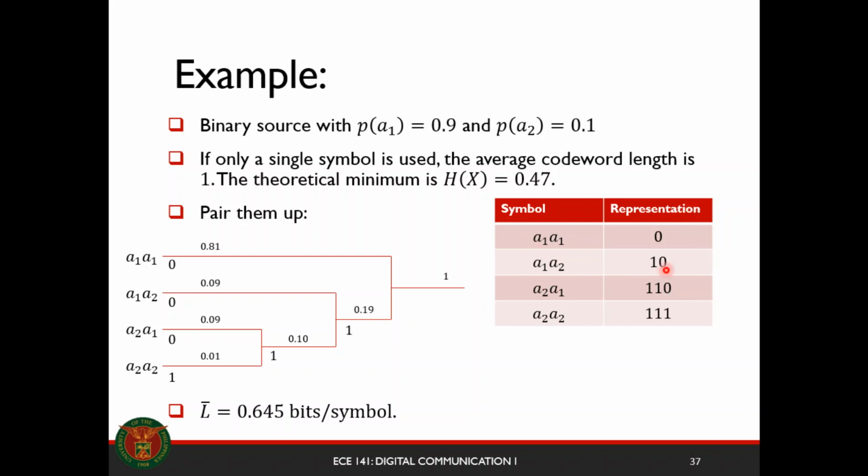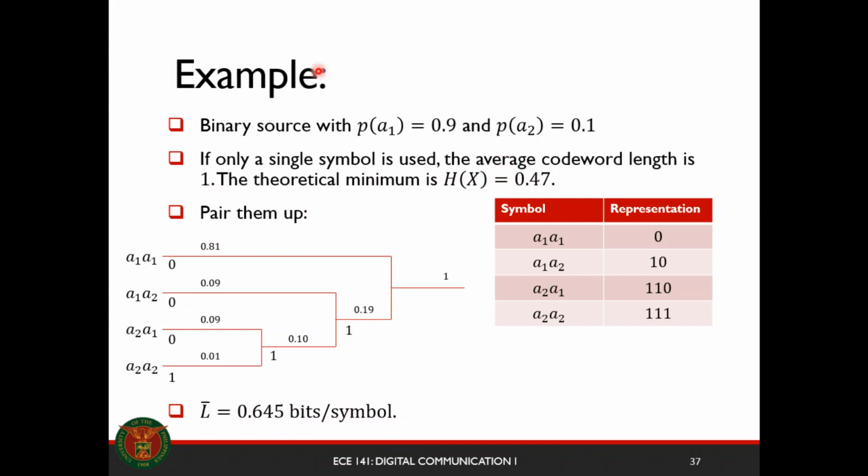If you get two A1s, you represent them collectively as 0. If you get A1 and A2, you represent it as 1, 0. A2 and A1, 1, 1, 0. A2, A2 is 1, 1, 1. And if you compute the number of bits per symbol, as you can see here, you will get 0.645 bits per symbol, which is closer to the theoretical minimum.